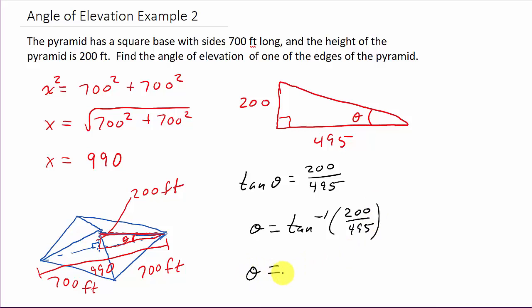Make sure your calculator is in degrees, so that's inverse tan of 200 divided by 495, and that gives me 22.000069835, and so I'm going to just round this to 22 degrees as my angle of elevation.